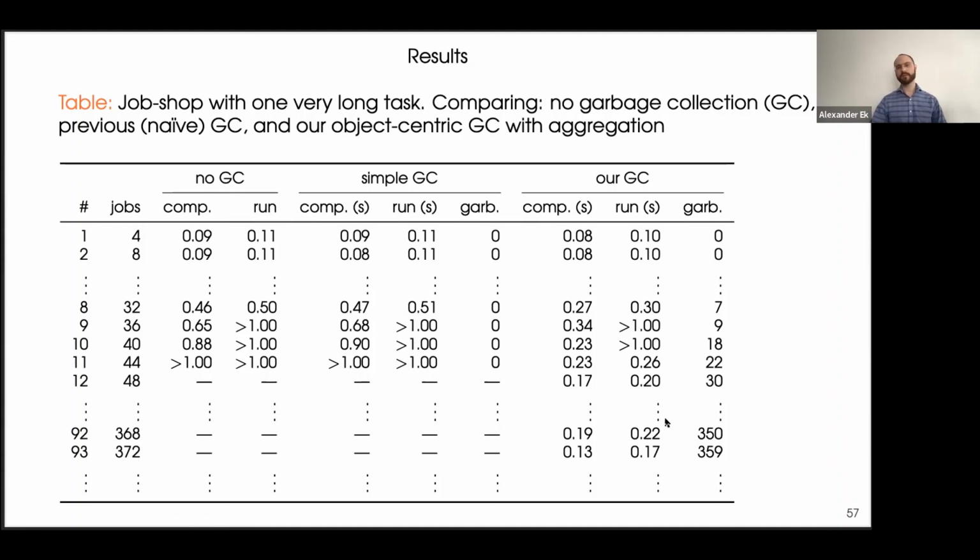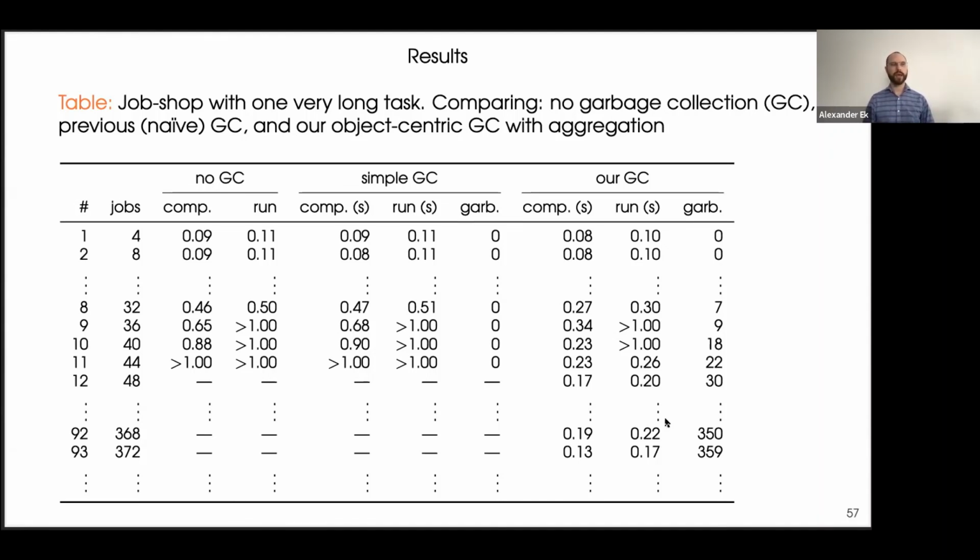Let's assume we have a simple garbage collection, something that we developed earlier. In job shop, we can reason that if here we have the list of jobs, and the first one, index number 1, is done, then we can just remove it.